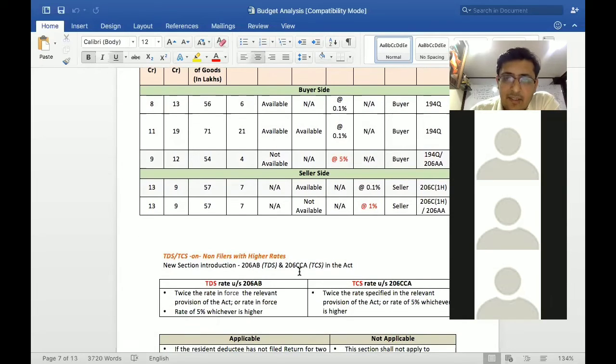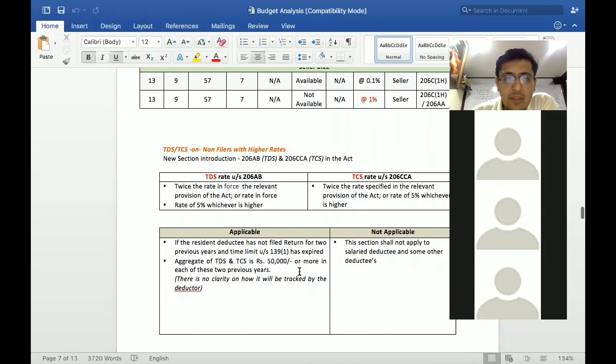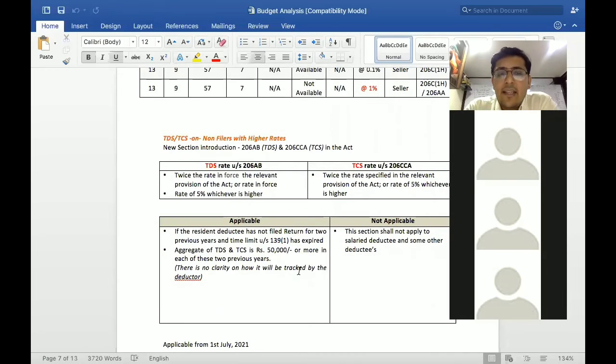And I have discussed how the implementation can happen. Now, I also will take this point as a part of the discussion. To summarize this point, first I'll just tell you what the provision is.